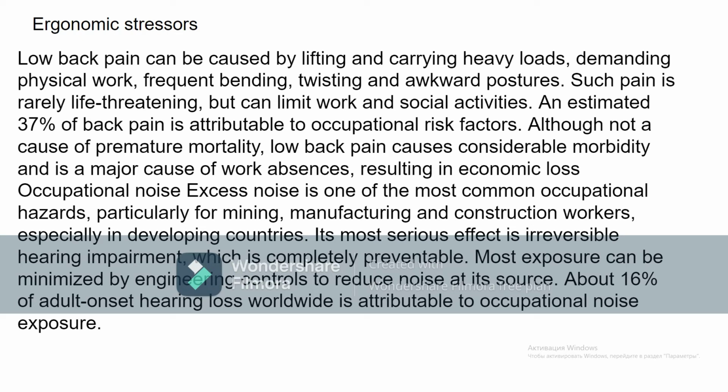Its most serious effect is irreversible, unfortunately, bringing hearing impairment, which is completely preventable. Most exposure can be minimized by engineering controls to reduce noise at its source. About 16% of adult onset hearing loss worldwide is attributable to occupational noise exposure.